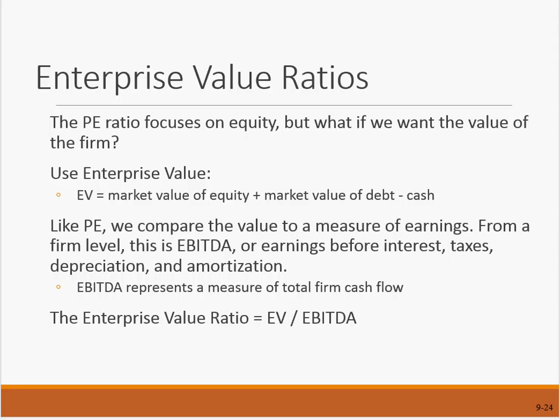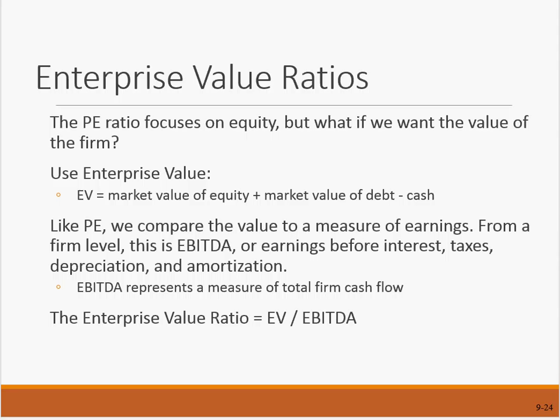If the firm is generating lots of cash flow and the market has a very low value, either this is a really good buying opportunity, or the cash flows are likely to decline in the near future, right? So this is the kind of comparison we could make. If you get a much lower enterprise value ratio than other firms, then this is significant as an investment decision because it makes it look more attractive, all else equal.